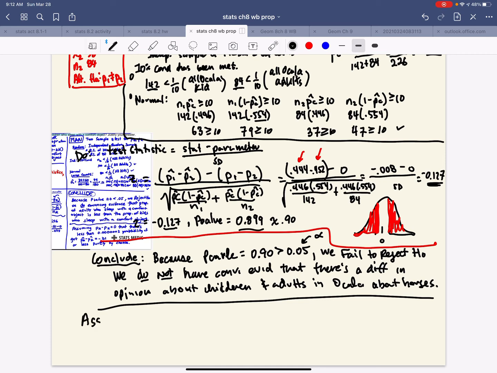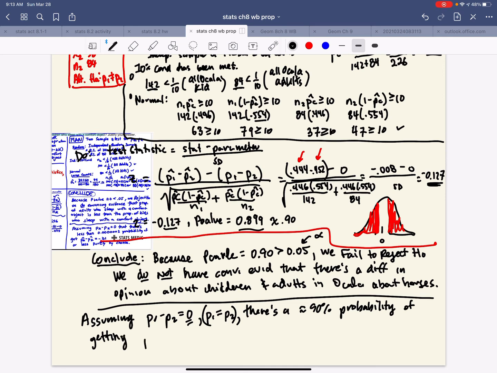Well, it's essentially saying, assuming that there is no difference, so p1 minus p2 was in fact 0, or we could have said, assuming they were equal, what we're saying is there's a 90% probability of getting a sample difference of almost nothing, or less, purely by chance.